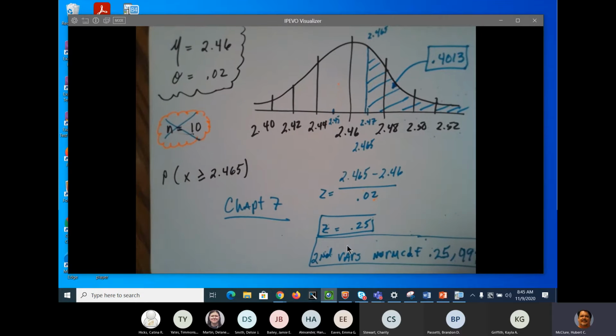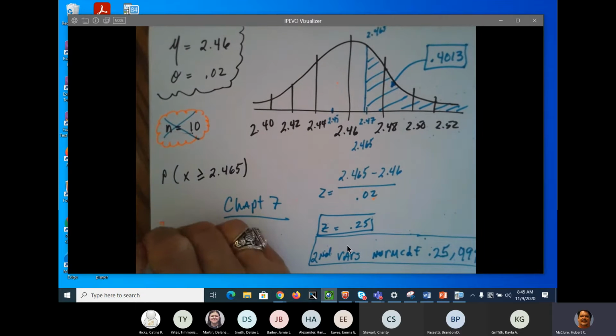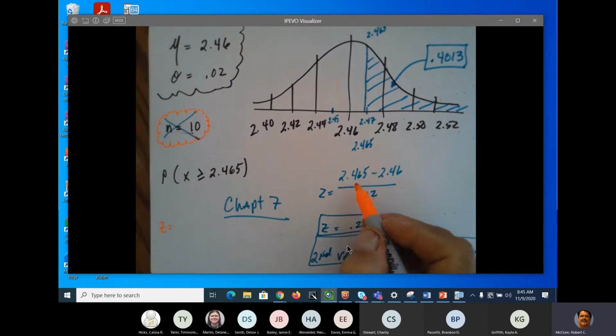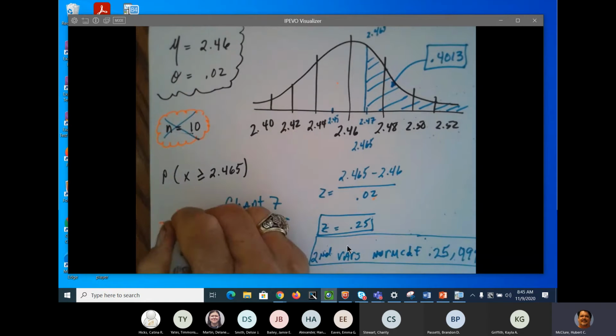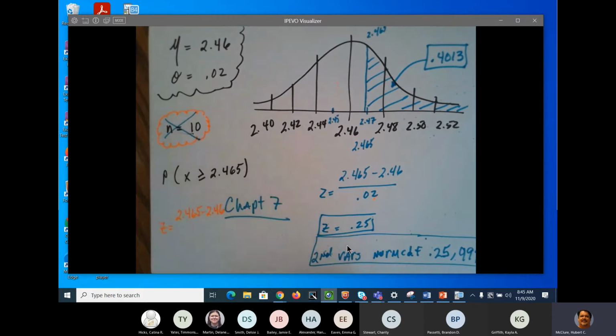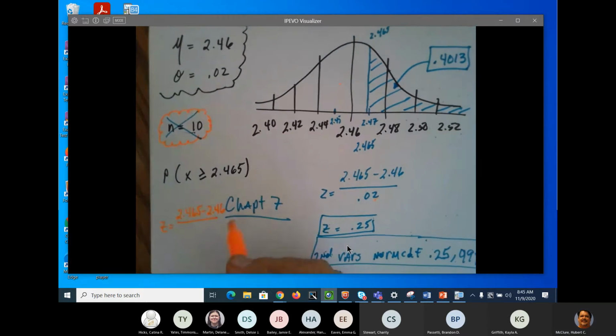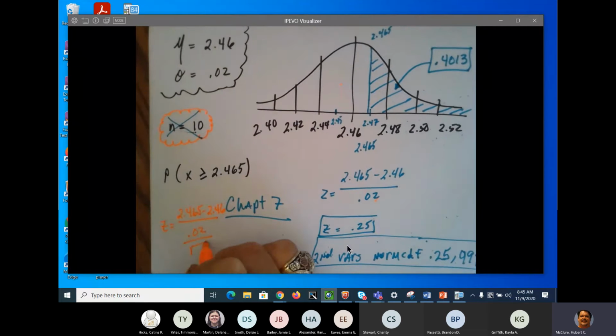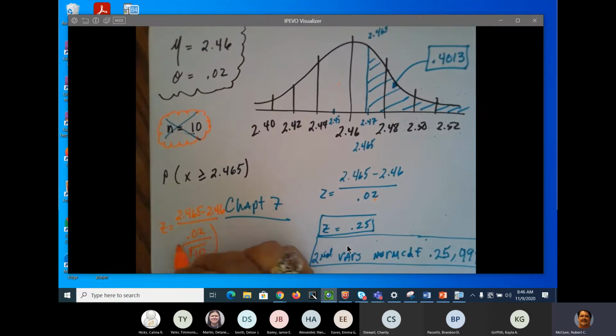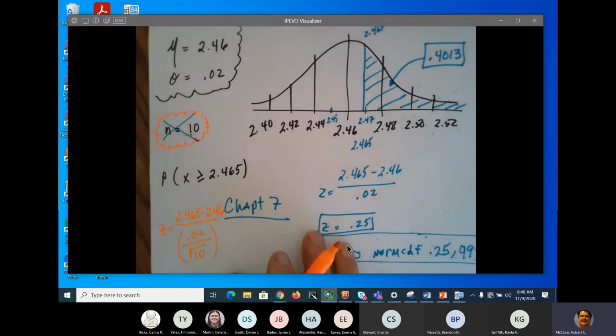And that new z-score is going to be 2.465 minus 2.46 divided by, not 0.02, but 0.02 over the square root of 10. And that's what you've got to remember to do in chapter 8.